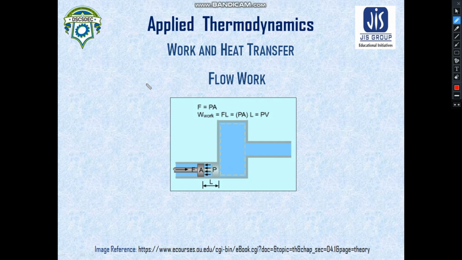Flow work becomes important or significant in the case of open flow devices or open systems. Now, from the discussions of the first lecture, we know that an open system means a system where both mass and energy transfer is allowed. Now, let us consider this.